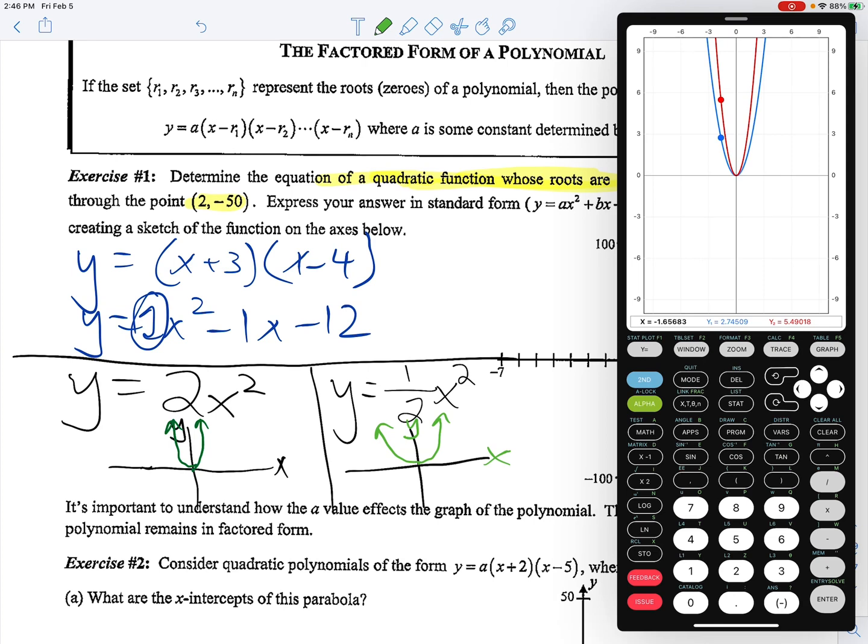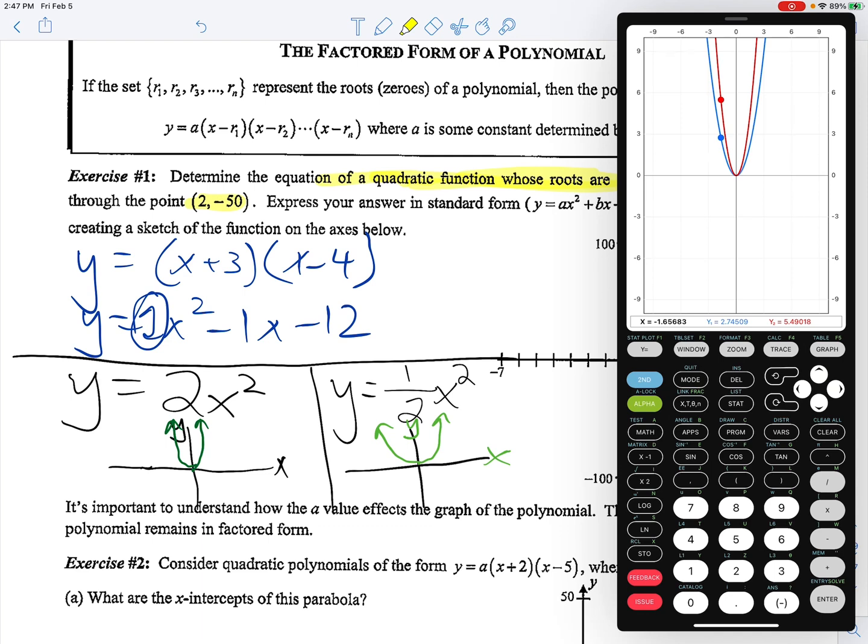The vertex is still 0, 0 for both, but what do I usually get with y equals 2x squared? It becomes more narrow than the graph of x squared.